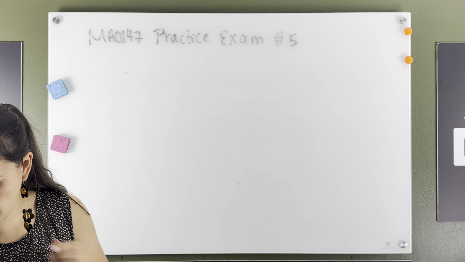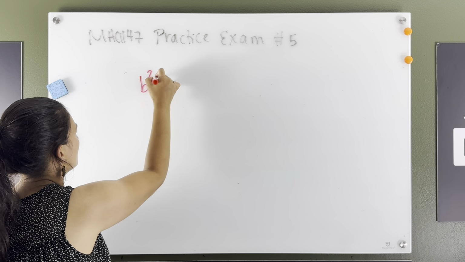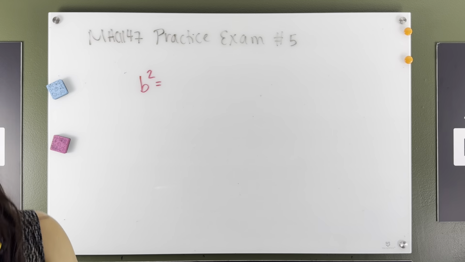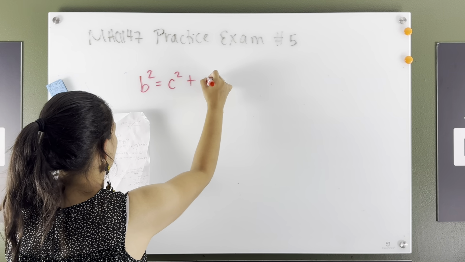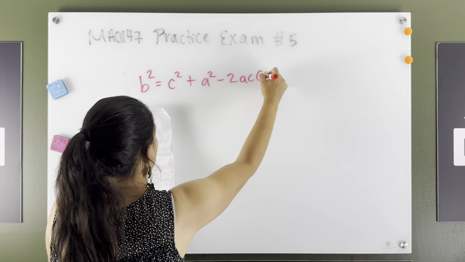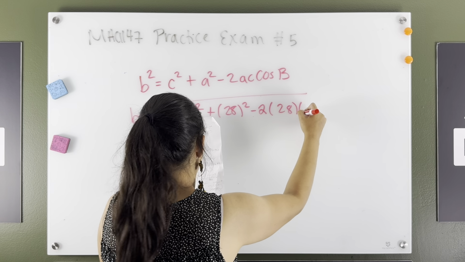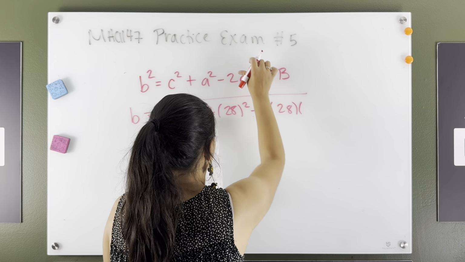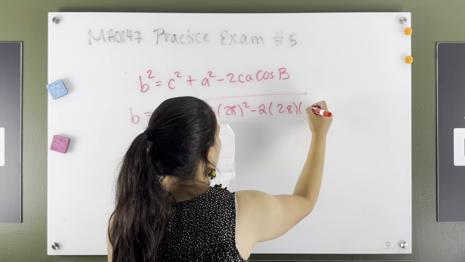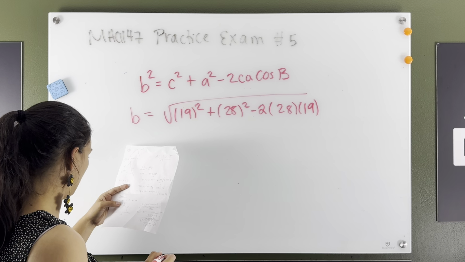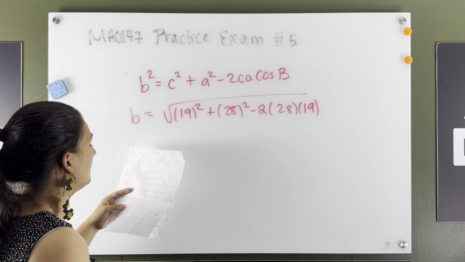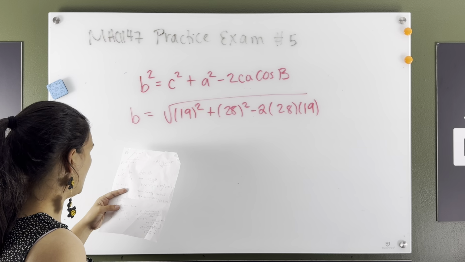So for the bonus, here we go. We're missing side B, so we're going to use the formula. B squared equals C squared plus A squared minus 2AC cosine B. And then you plug in. They give you C, they give you A. I want to be consistent.